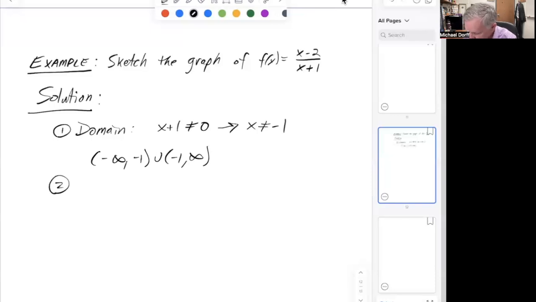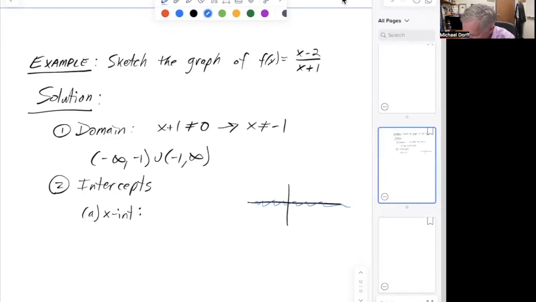Second, we do the intercepts, the x and y intercepts. So the x-intercept is where the graph crosses the x-axis. So if I have my graph here, where does my graph cross the x-axis?